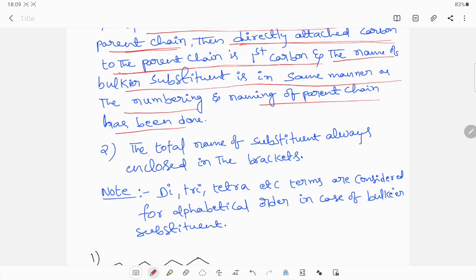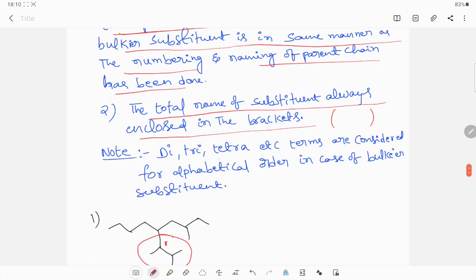Second point: the total name of the substituent is always enclosed in brackets. Note, di, tri, tetra terms are considered for alphabetical order in case of bulkier substituents.